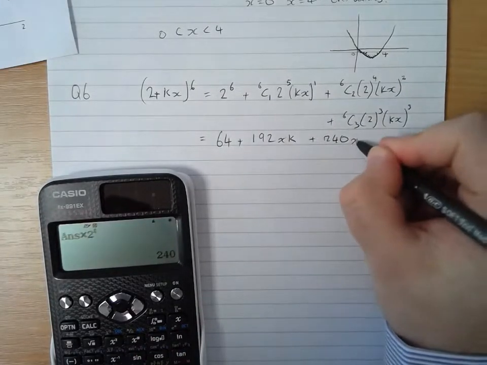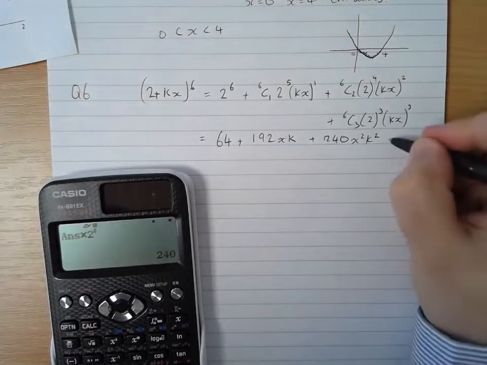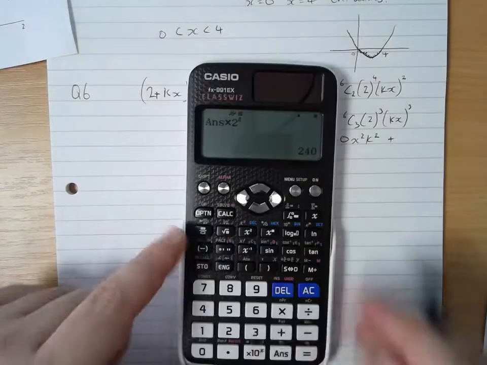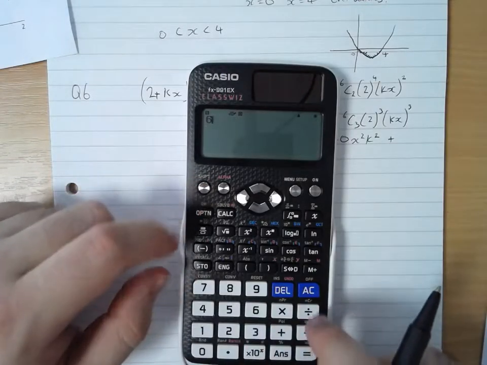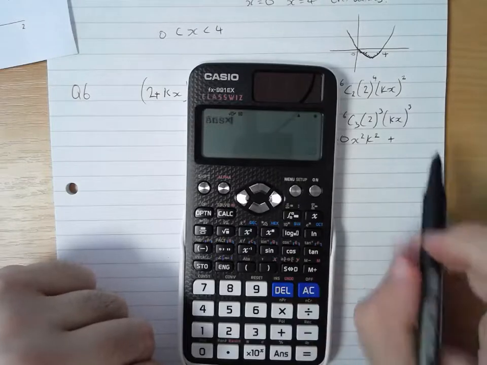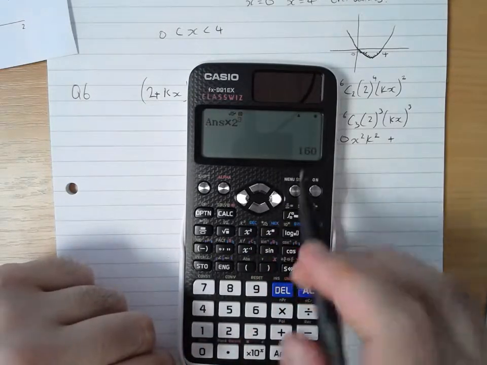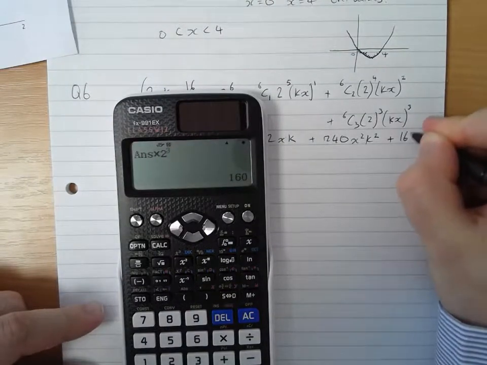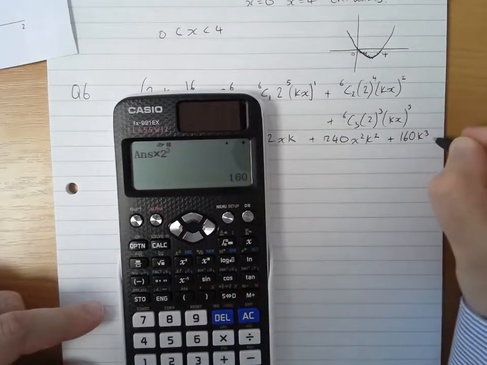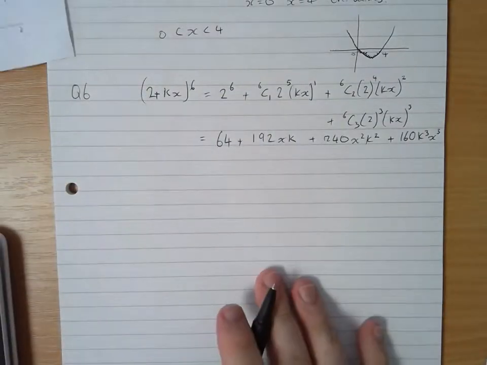And lastly, our last term here is 6c3 times 2 to the 3, which gives us 160 k cubed x cubed. Okay, this is looking a little bit like the thing we were asked to show here.